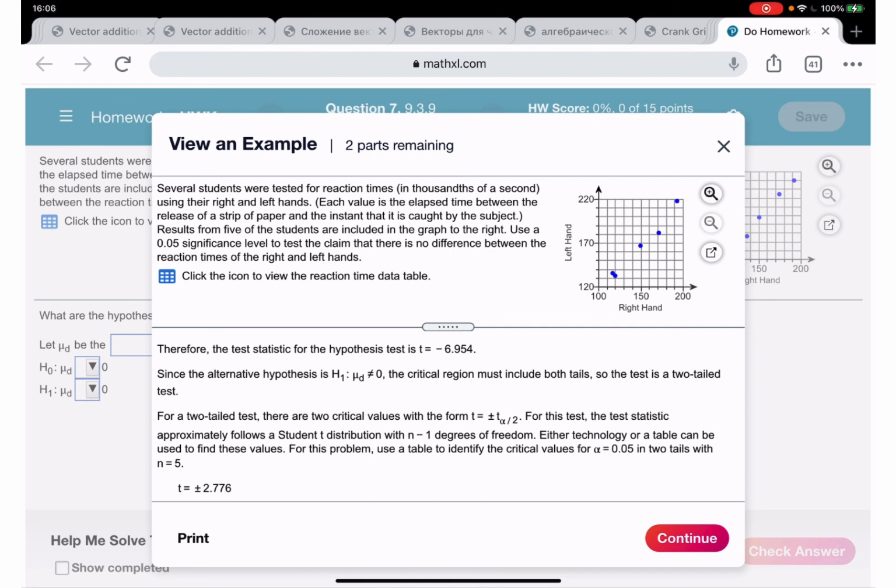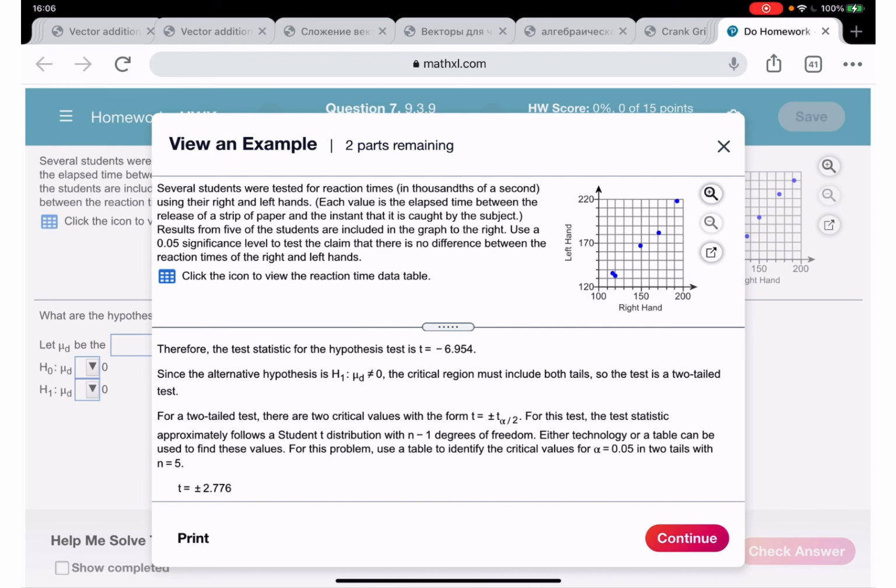So does negative 6.954 fall in the critical area? The test statistic is in the critical region, right? Because it's going to fall in the rejection area to the left. It's less than negative 2.776.